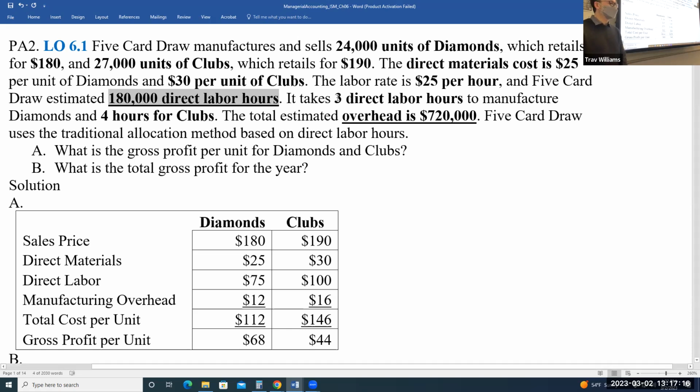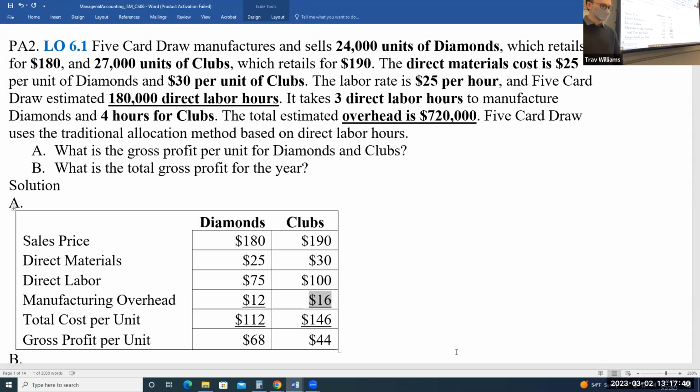So for each unit of diamonds, it takes 3 direct labor hours. So that's what we multiplied by the $4 to get $12 of manufacturing overhead. And for clubs, they use 4 hours of direct labor. So we multiply that by their overhead allocation rate to get $16. Okay, any other questions?